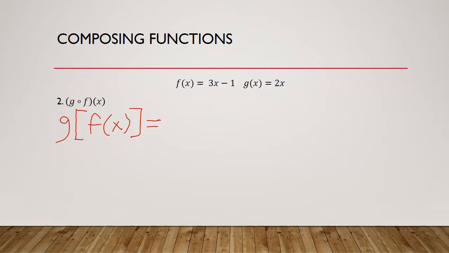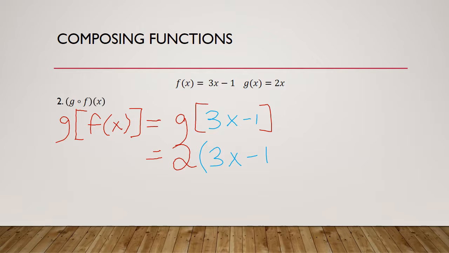But f of x is 3x minus 1. So I'm going to do g of 3x minus 1. But that notation says take the function g and replace all of your x's with 3x minus 1.